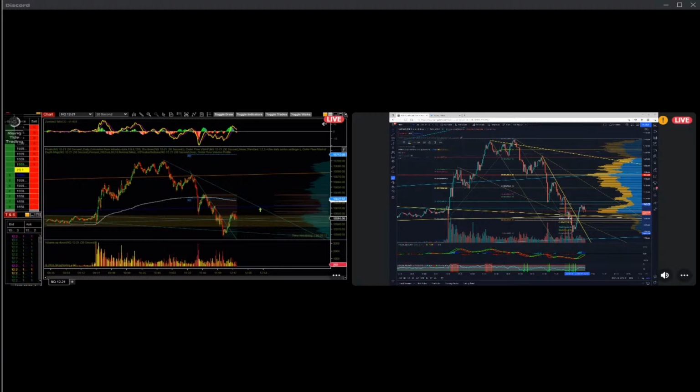Or just a flag. Keep on going up and up.